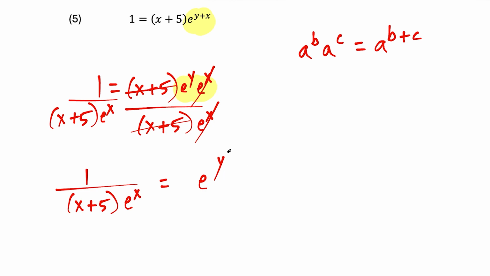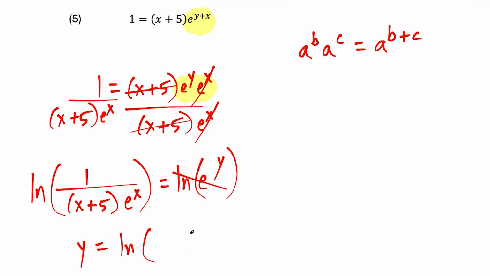So now from here, our goal is to solve for y, and the opposite of e is natural log. So we're going to take the natural log of both sides. Over here, natural log and e just cancel out, and this is going to give us y equals natural log of 1 over x plus 5 times e to the x.